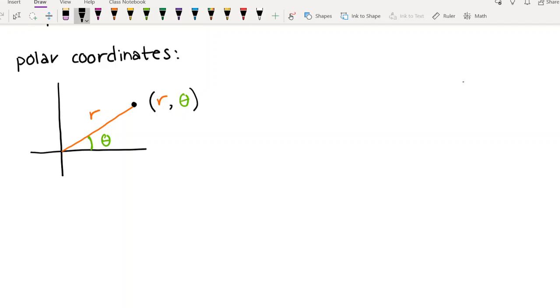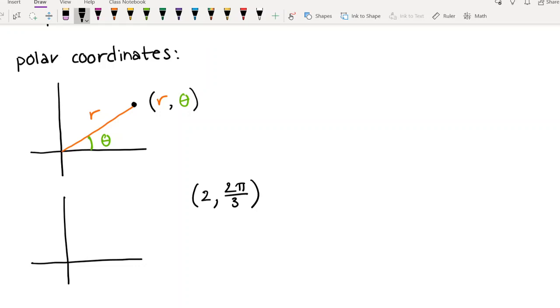So when you're graphing polar coordinates, one thing I want to emphasize: let's say you had a grid, something like this, and you were asked to graph the point 2, 2 pi over 3.